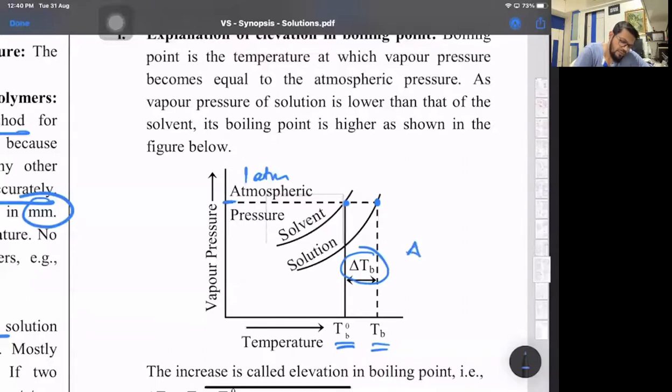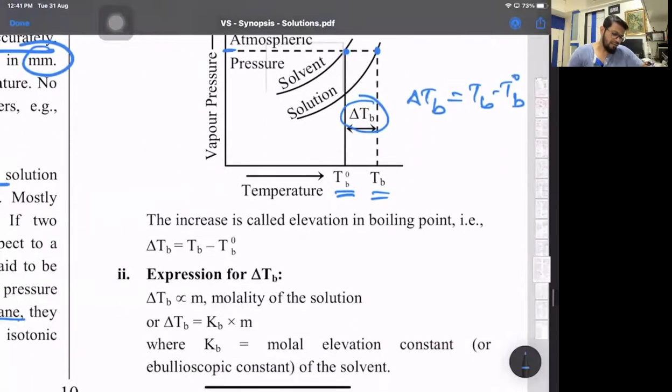So delta TB, elevation in boiling point, is TB minus T0B, where TB is the boiling point of solution and T0B is the boiling point of pure solvent. Elevation is a colligative property. It depends on the number of particles.